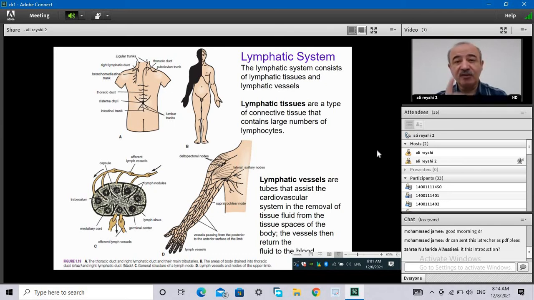One type of the leukocyte of the blood is lymphocyte. The accumulation of the lymphocytes within the body forms the lymphatic tissue. For example, the tonsils around the mouth or around the pharynx, or the spleen, okay, which is the largest lymphoid tissue, or lymph nodes in the axilla.